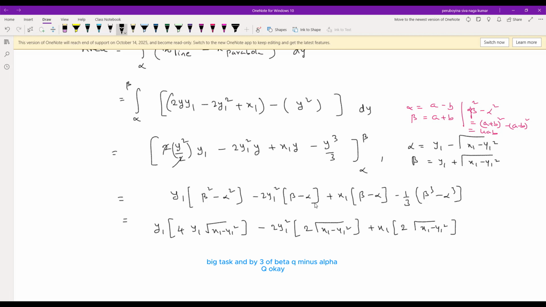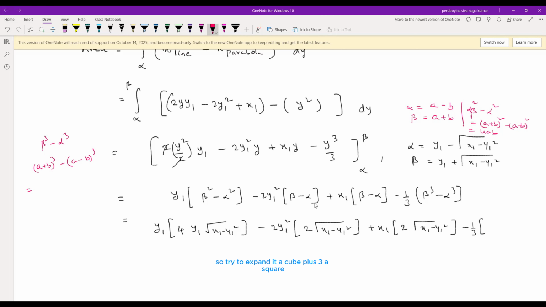This is the big, big task: 1 by 3 of beta cube minus alpha cube. Now we need to calculate. Beta we already discussed. Consider beta cube minus alpha cube. Beta is a plus b whole cube, minus alpha is a minus b whole cube.